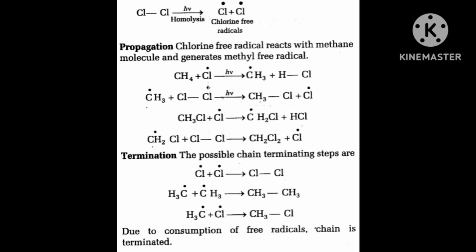Now three more H are there in CH3Cl. Again fresh Cl2 will come and the same thing will happen. The second C-H bond will break, one chlorine radical will join with carbon and one hydrogen will join with the other chlorine radical.